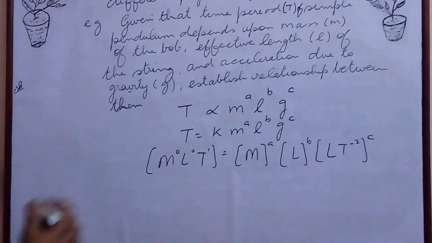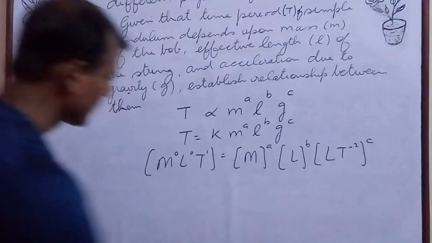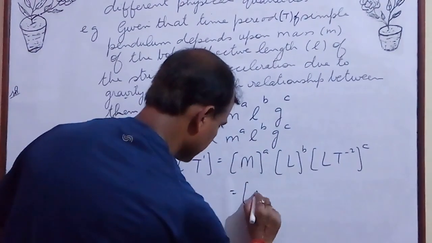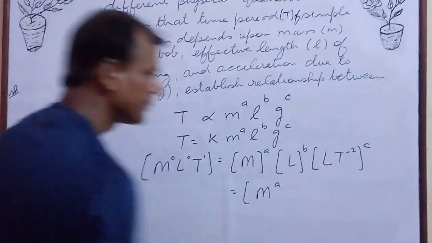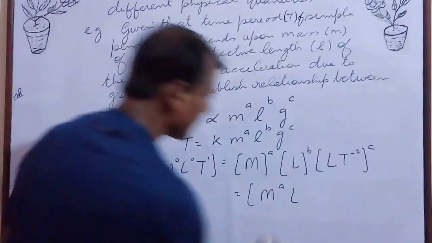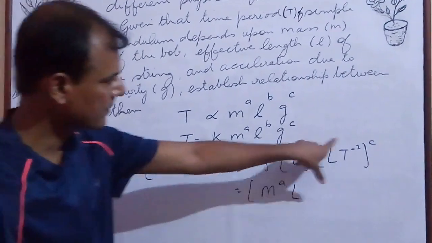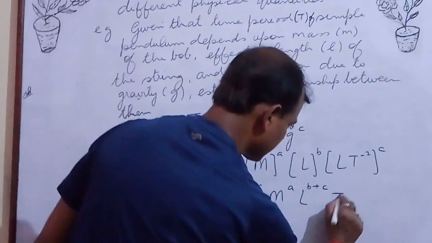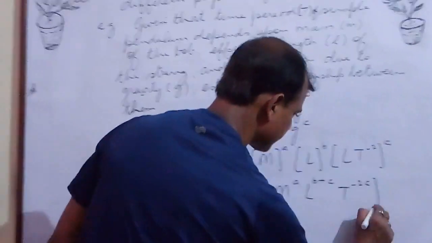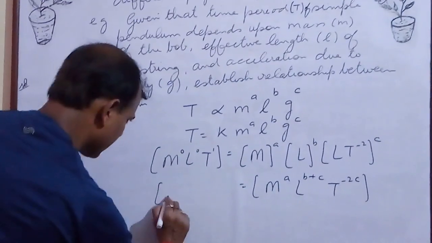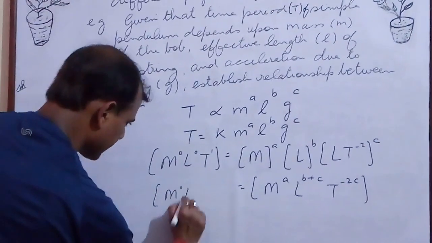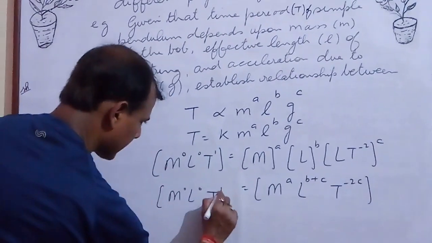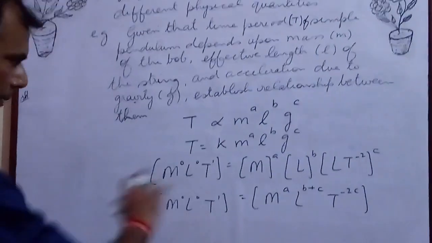Now we arrange it in the order of M, L, T. On this side we have got M to the power a, L to the power b from here and c from here, so b + c, and T to the power -2c. And on this side we have got M^0 L^0 T^1. Now we will compare.